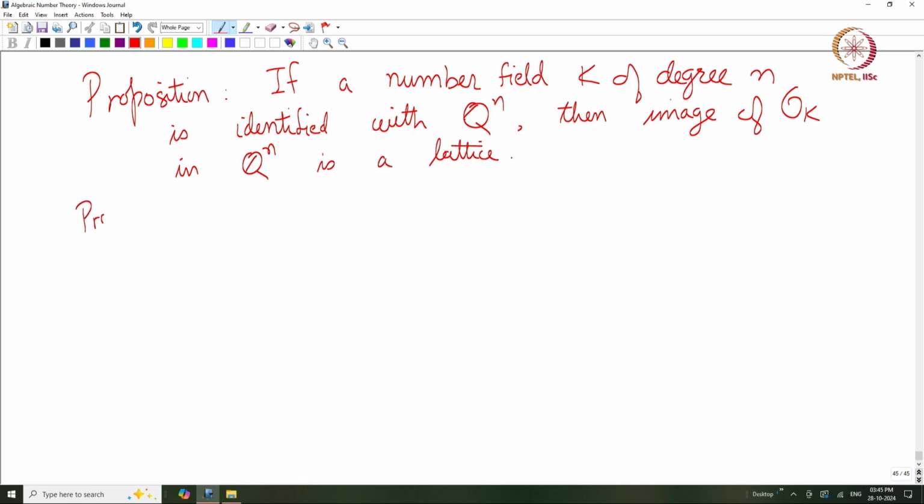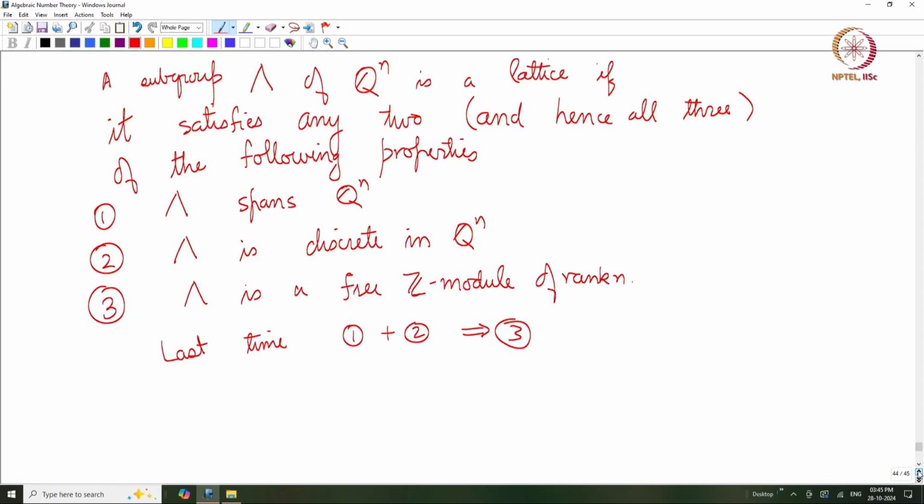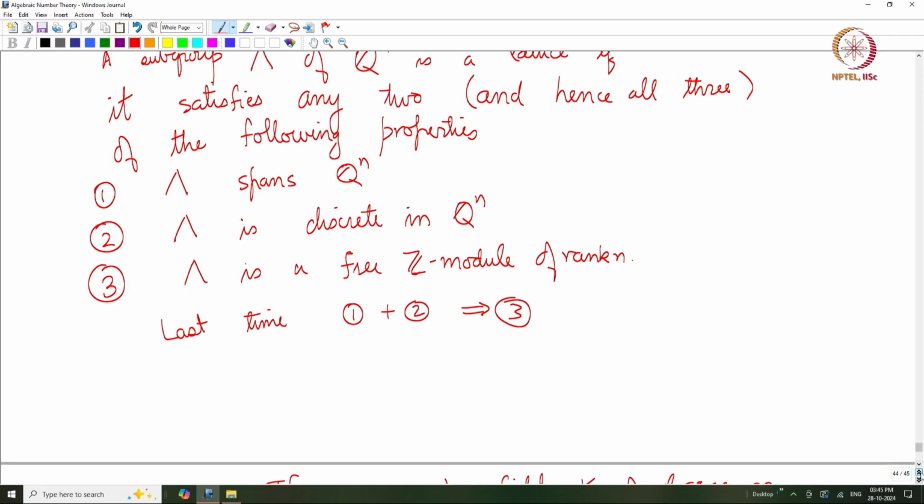So, here is a proof. What do we need to show? We need to show 2 of these 3 properties. And so, we are going to show 1 and 2, and that will automatically give us 3. So, that is what we are going to do.